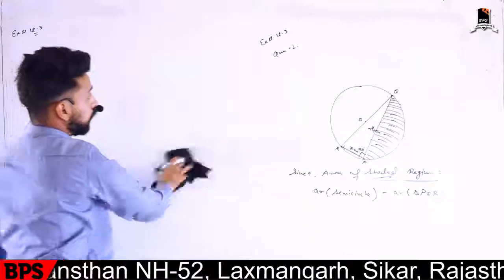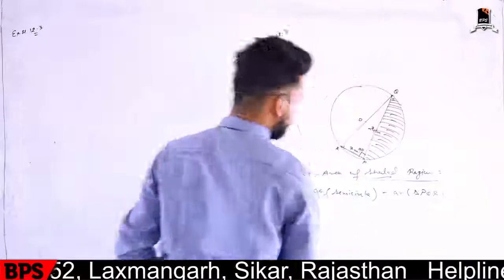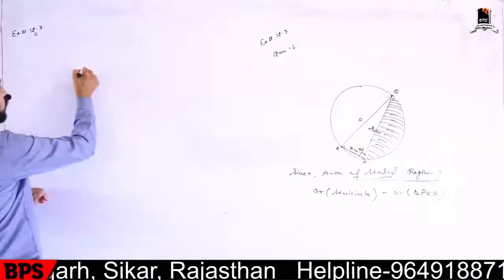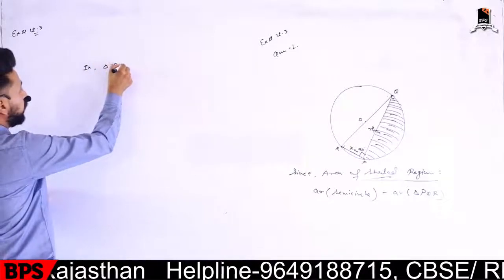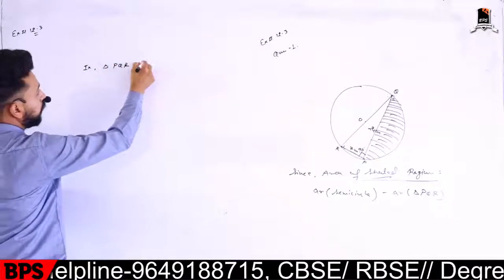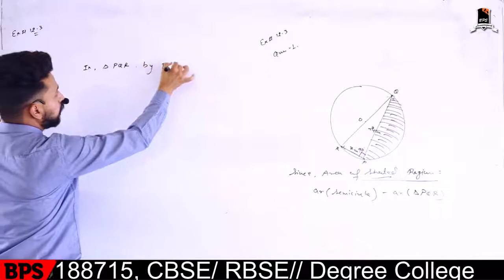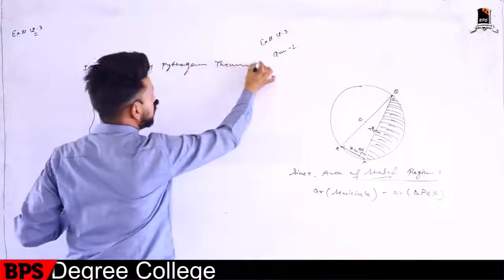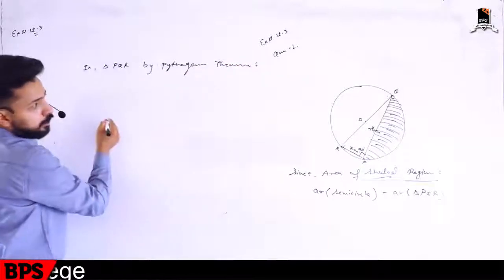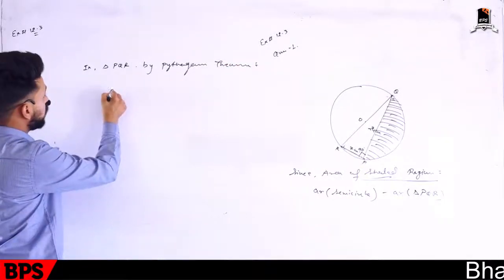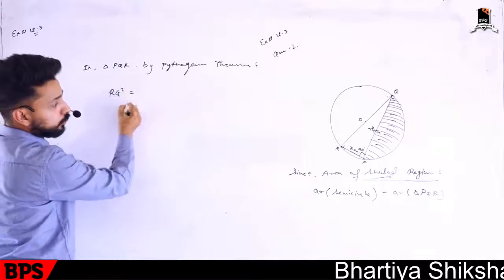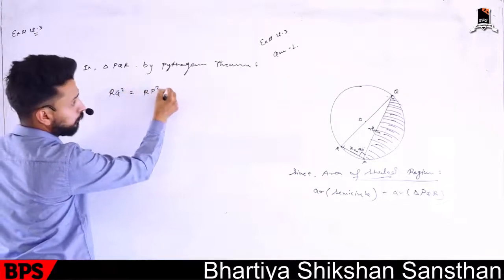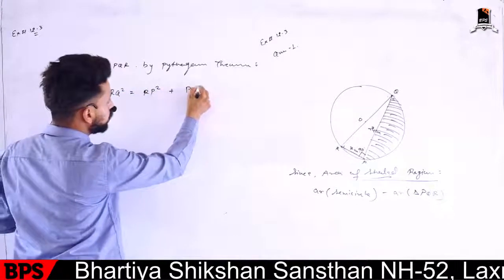In triangle PQR, by Pythagoras theorem, RQ is a hypotenuse, so RQ square is equal to RP square plus PQ square.